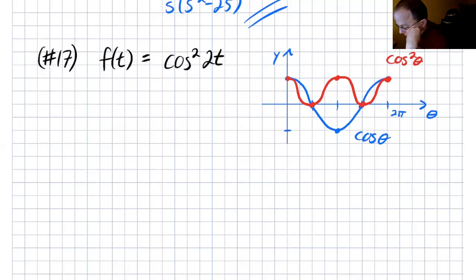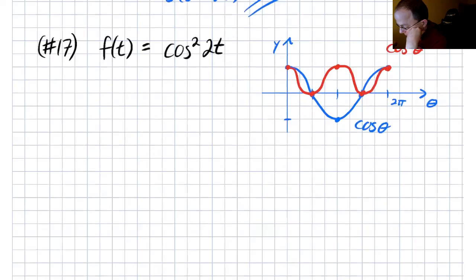Okay, so what does that tell us about cosine squared? So cosine squared then is basically like a cosine, except it's double the frequency. So it's going to be a cosine 2 theta, and it's been shifted up by 1.